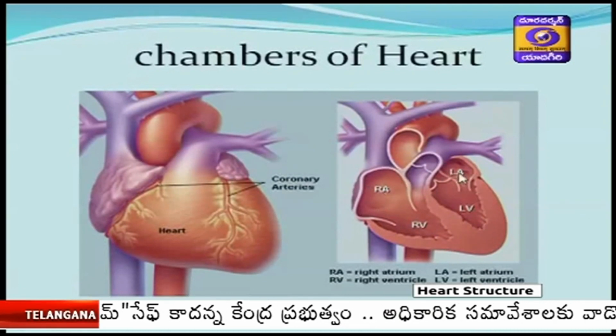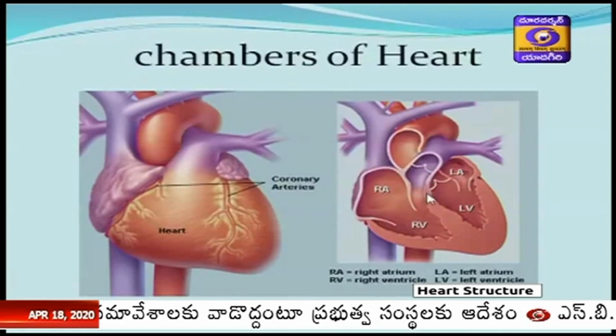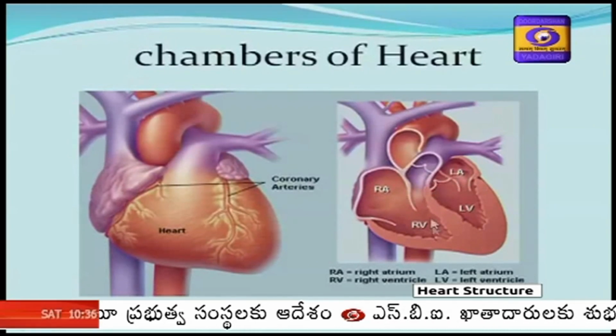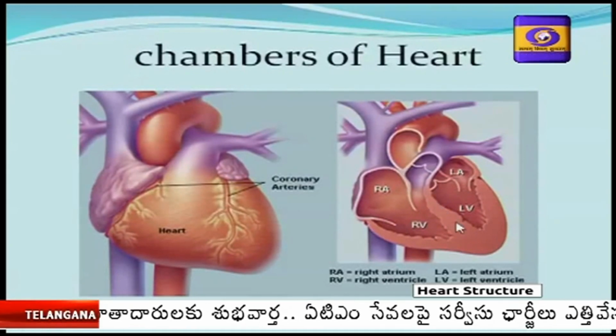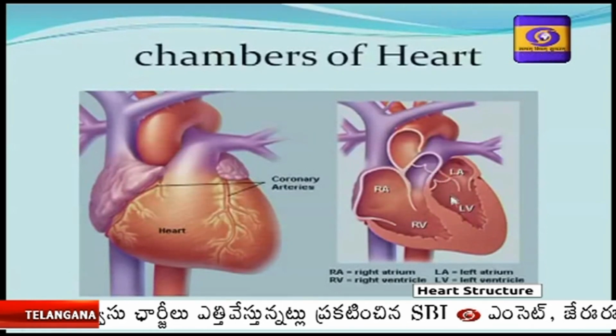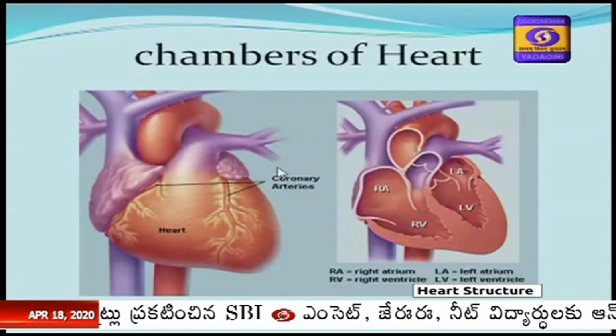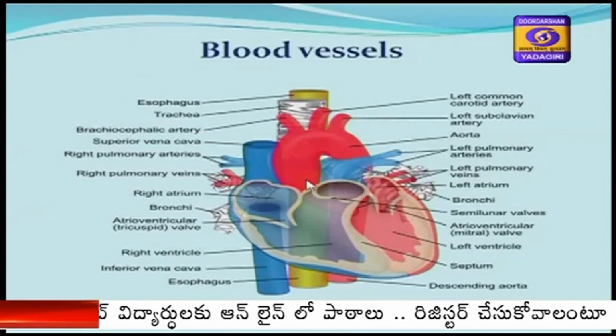Internally, the 2 auricles are separated by a fibrous septum called the interauricular septum, and the 2 ventricles are separated by a vertical septum called the interventricular septum. So all the 4 chambers are separated internally. Here there are many trunks of blood vessels supplied to the heart.